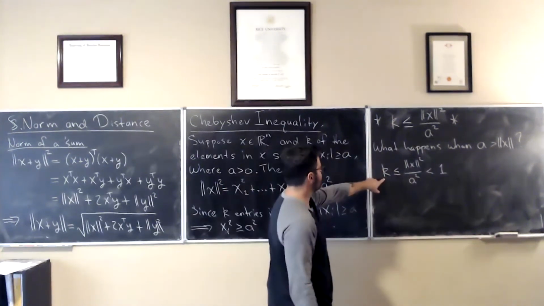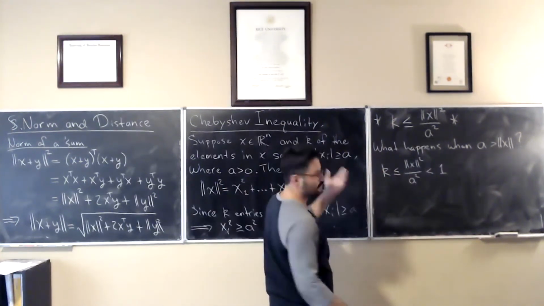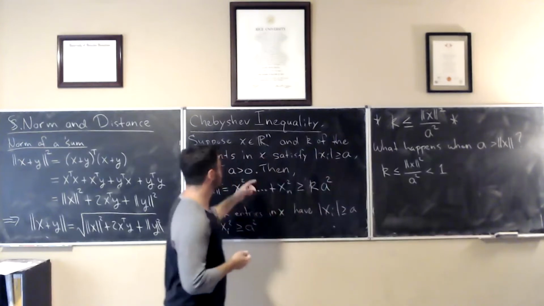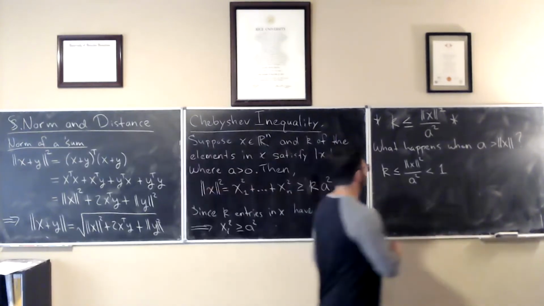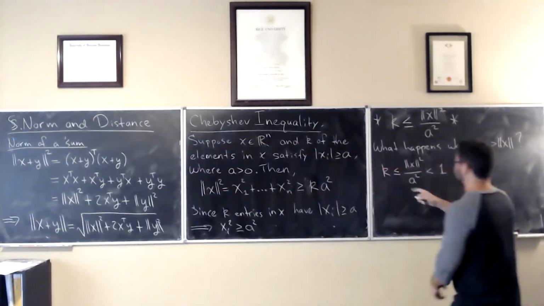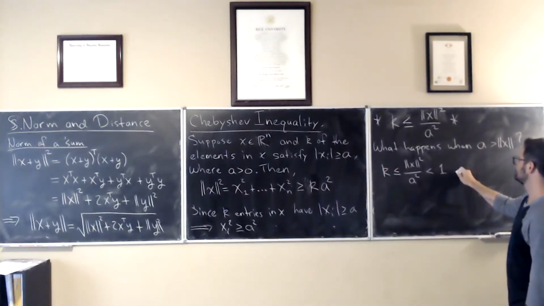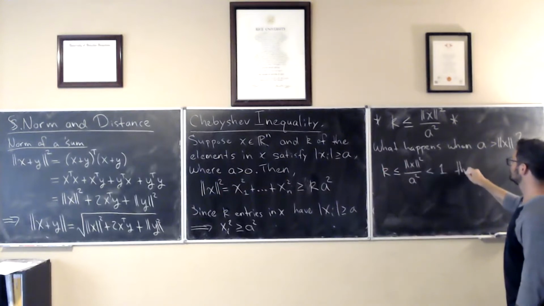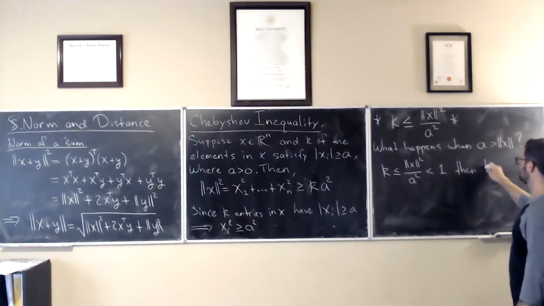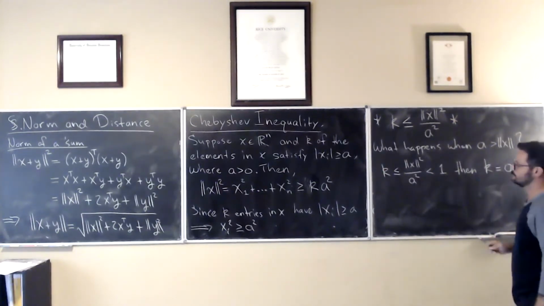Which means k is the number of entries in the vector that must satisfy this. Which means that if that's strictly less than 1, because this is bigger than that, then k must be equal to 0.